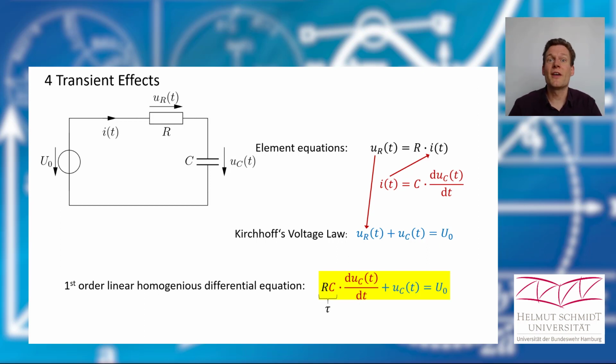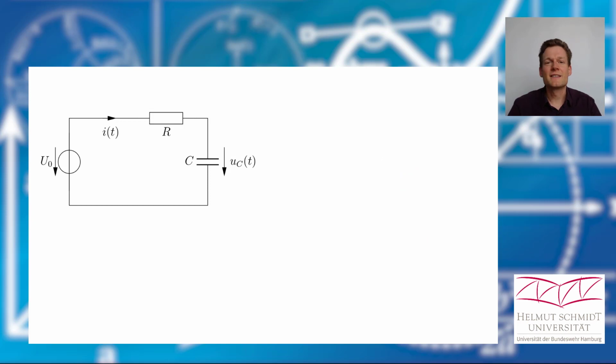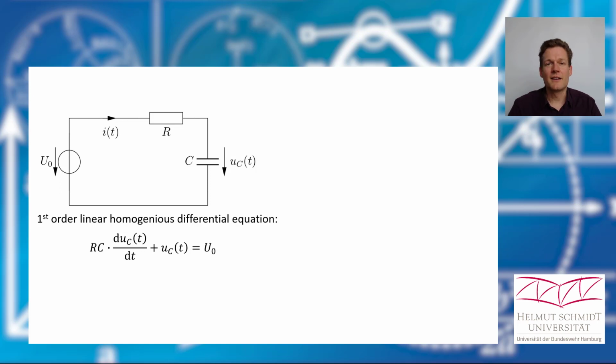Pooh, what could we do with that? I will show you. The good thing is that our problems will always lead to a first order linear differential equation like this. And we will always solve that equation in that order that the function we are looking for stands alone. So in this case, this is the UC(t).